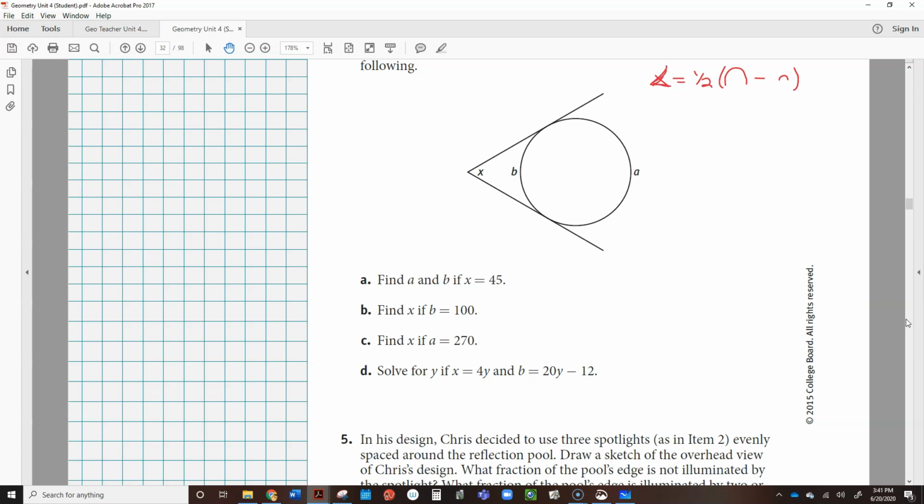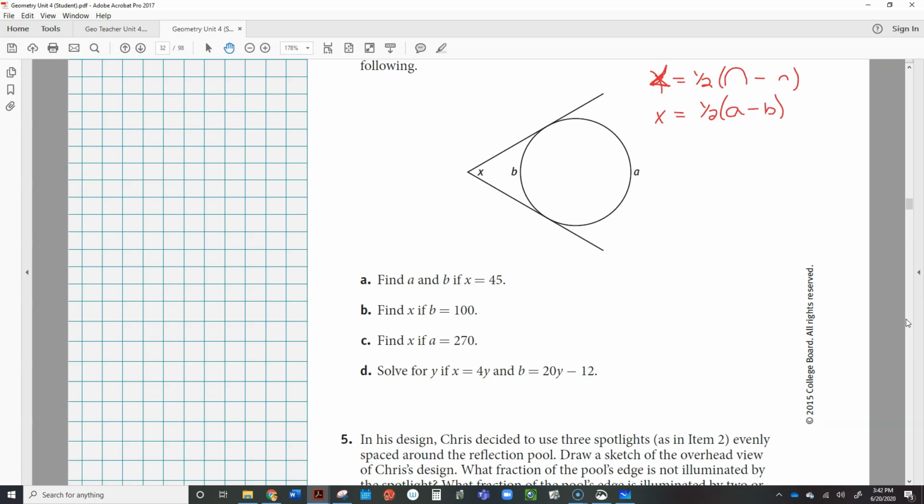So our angle is equal to half the big arc minus the little arc. And in this picture, our angle is labeled x. Our big arc is labeled A, and our little arc is labeled B. So in this picture, this will be the formula that we use.